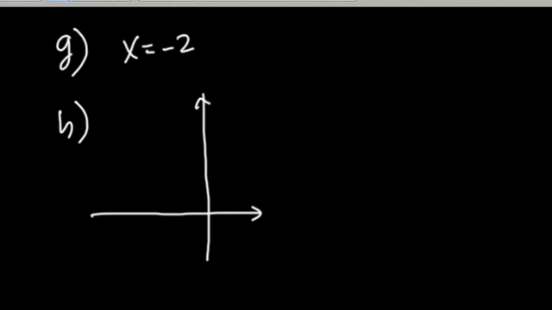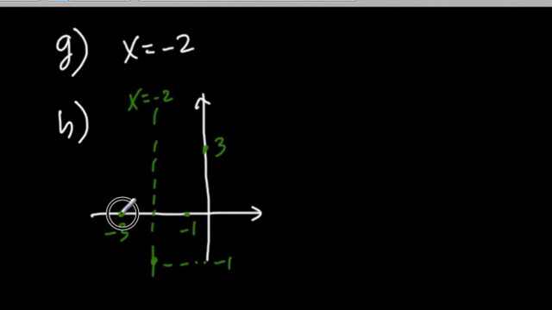Okay. Use green. So our x-intercepts are negative 3 and negative 1. We know our axis of symmetry is x equals negative 2. Our y-coordinate of the vertex is negative 1, and the y-intercept is 3.